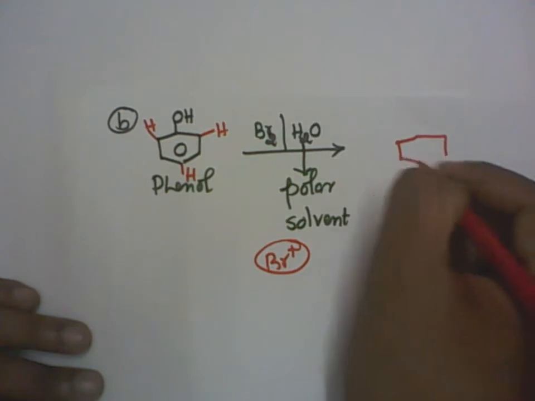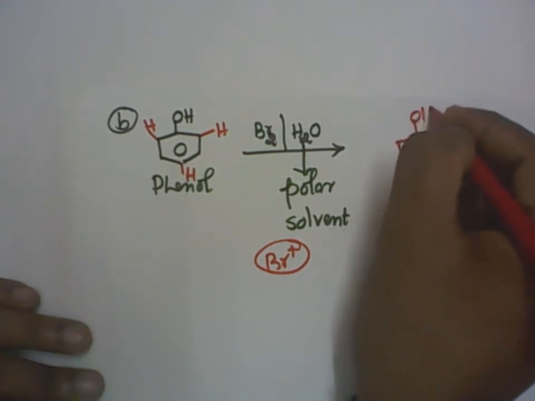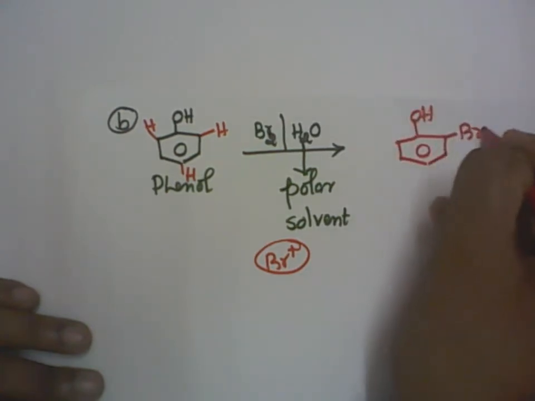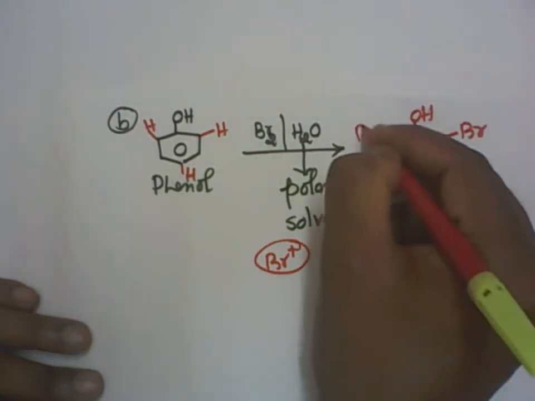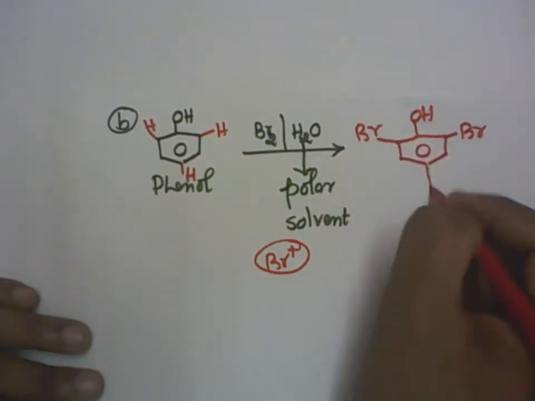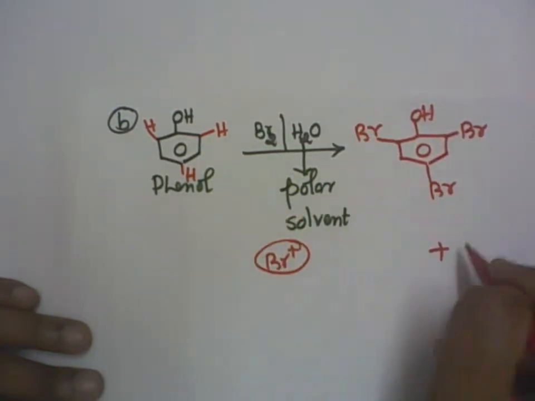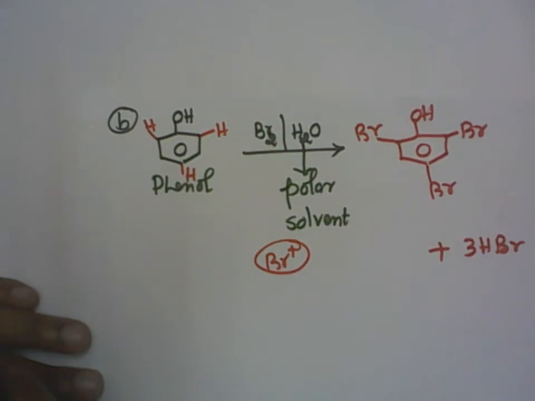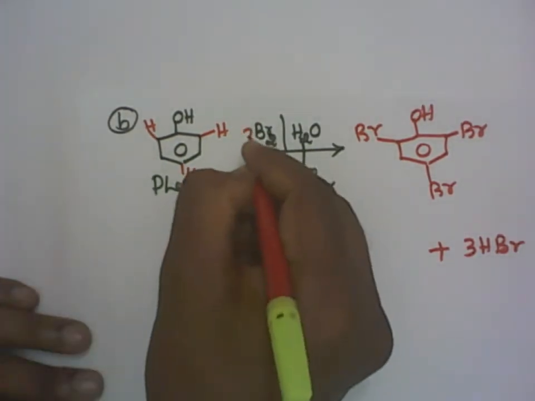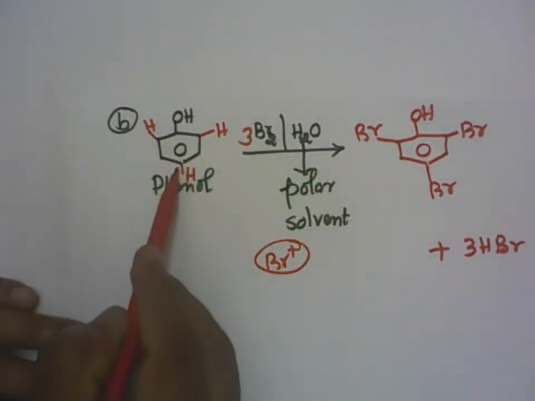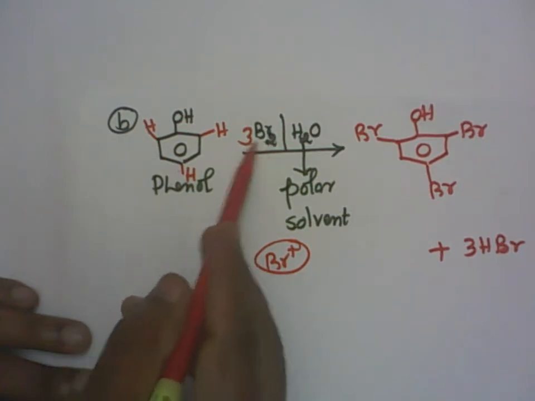Benzene ring attached to the OH, then remove the first hydrogen, the second hydrogen at the ortho positions, and one para position. How many hydrogens are removed? 3 hydrogens are removed, and they combine with Br. So actually we require 3 moles. Remember, 3 positions are occupied, so 3 moles of bromine are required.